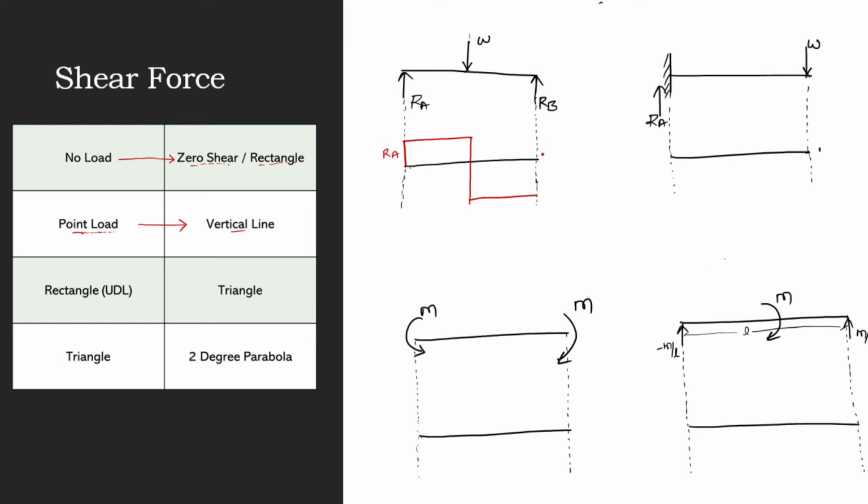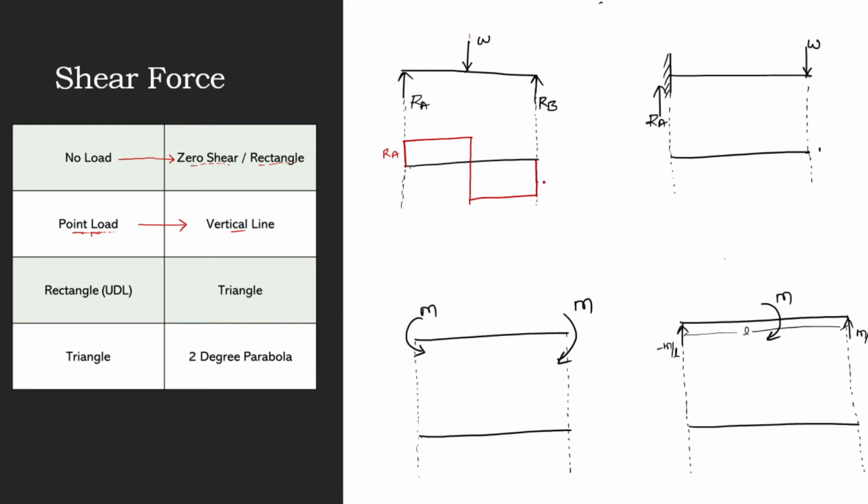And then finally there is a reaction B, RB. That means it is a point load, so it should translate to a vertical line. So again it will come back to 0. So this is the shear force diagram for this particular beam, students.